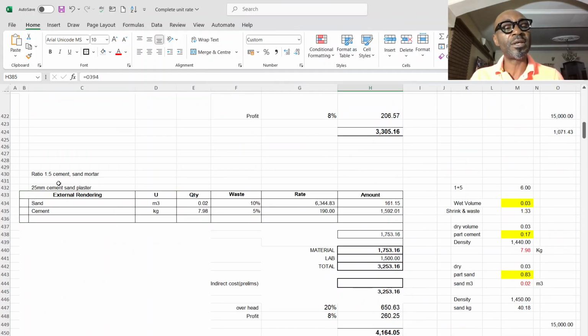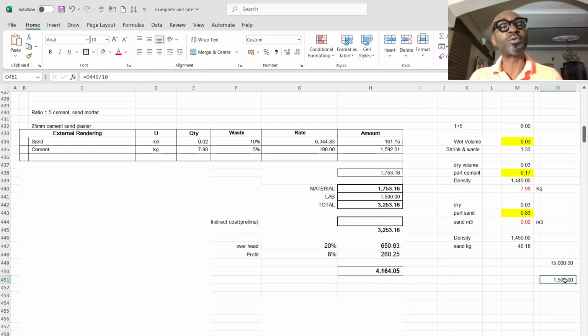Then for the 25 mm, you need to spread mortar twice to attain the thickness that is specified. It's going to take more time. That as well too, it's 10 square meter as against the 15 mm, which is 14 square meter.